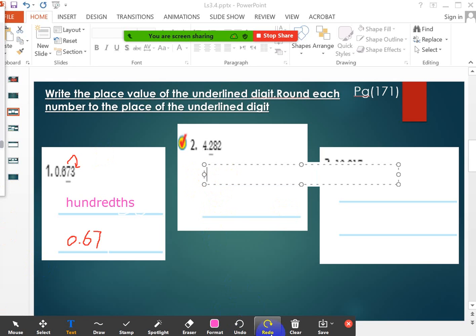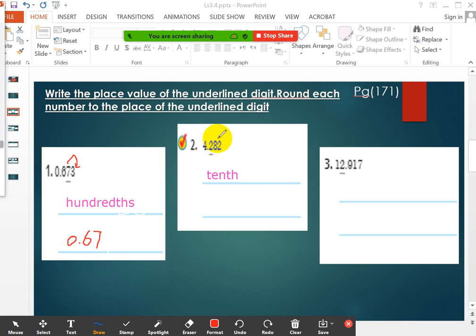I want you to round 4,282 into the underlined digit. What is the underlined digit here? Tenth. Very good. Now let's round this number into the tenth digit. So it will be what?